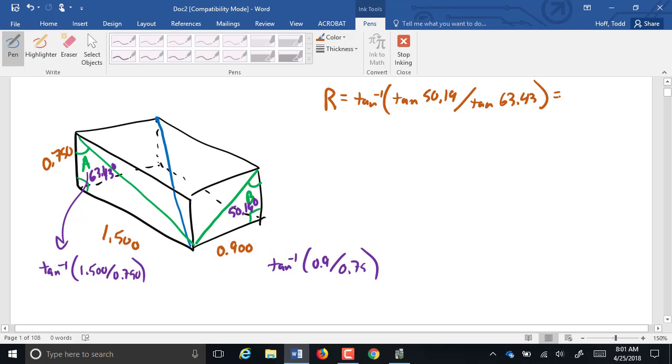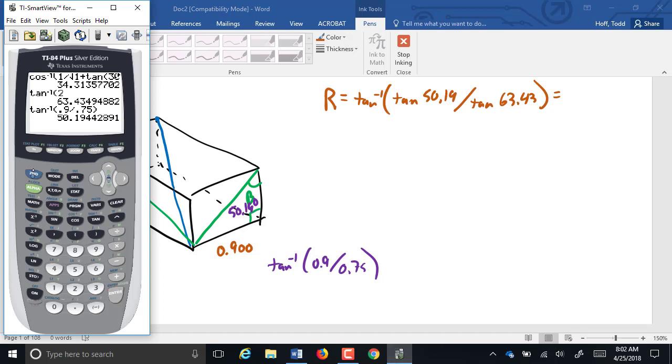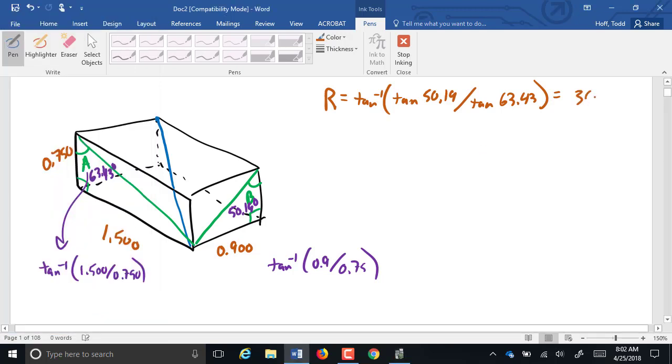Personally, I wouldn't do it that way. I would just do the inverse tangent of 0.9 over 1.5. To me, that's easier. But there are some people that like having those formulas. It comes out to 30.96 degrees, approximately. 3.97 you're getting.